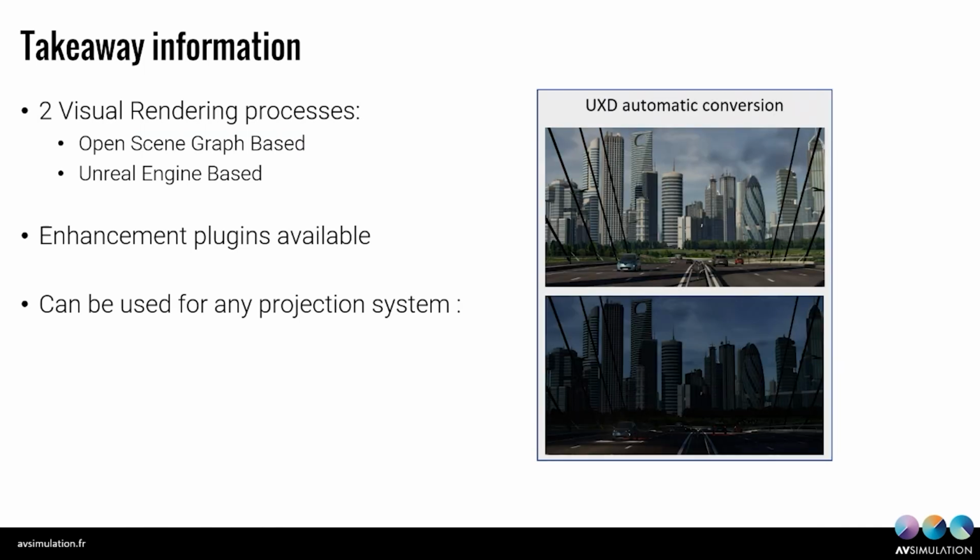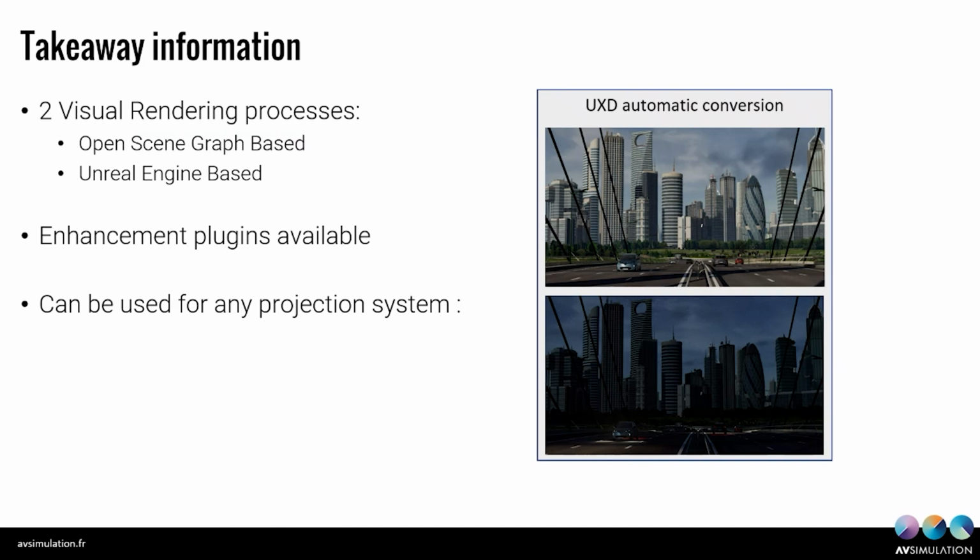And we have another one that is based on Unreal Engine. Both of these are available when you install SCANeR Studio Foundation Pack, and you can configure both of them with the same configuration file, with the same configuration grammar. We have enhancement plugins available in order to enhance your visual representation of the simulation.